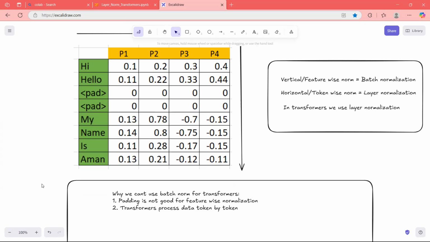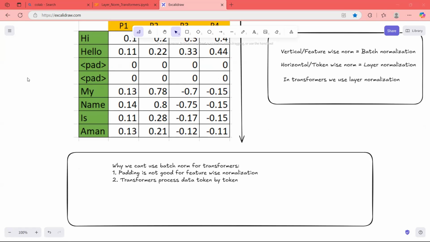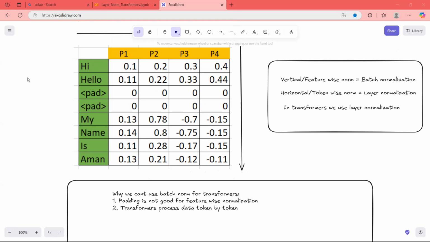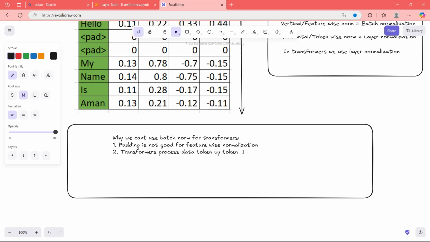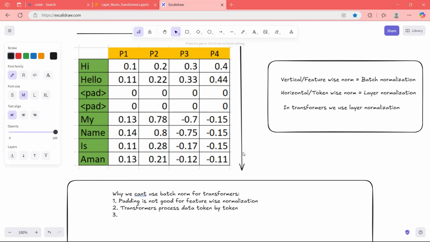A transformer is all parallel processing, so it just looks at one token and does what it wants to do. So parallelization is very much supported and is in sync when you process token by token input. This is one key component that you need to understand for why it does token normalization.